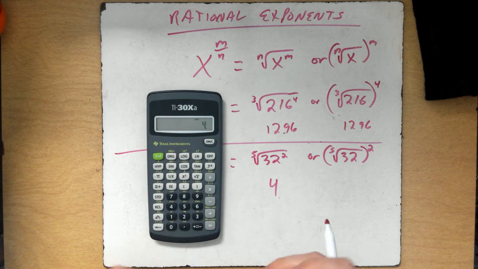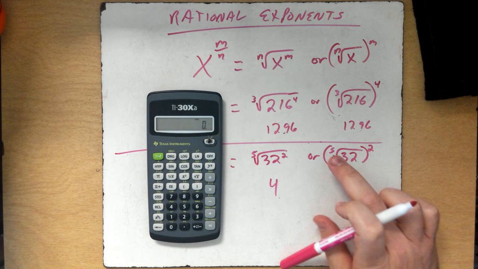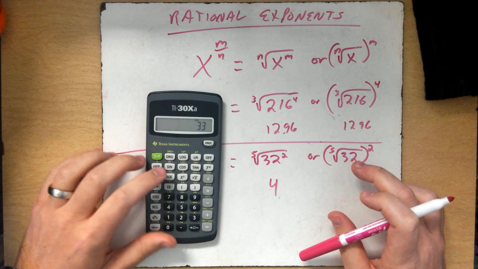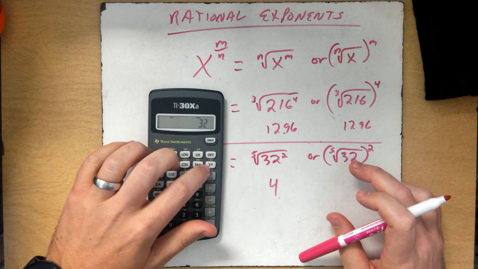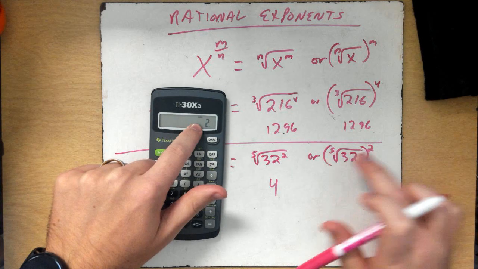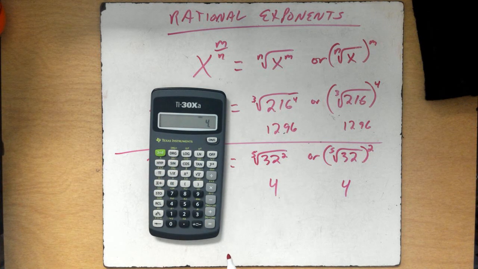Now, same thing with this one, I'm going to do it the other way. I'm going to do the fifth root first. So I'm going to do 32, second, to the fifth root, and that equals 2. And then 2 squared, we all know, is 4.